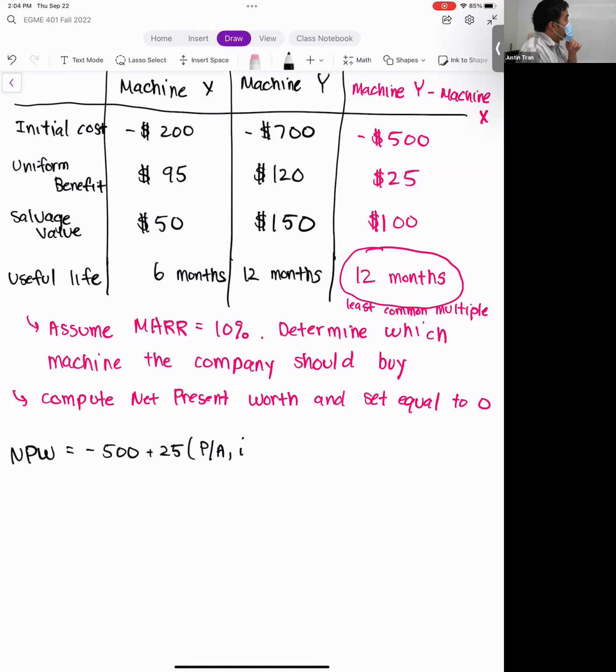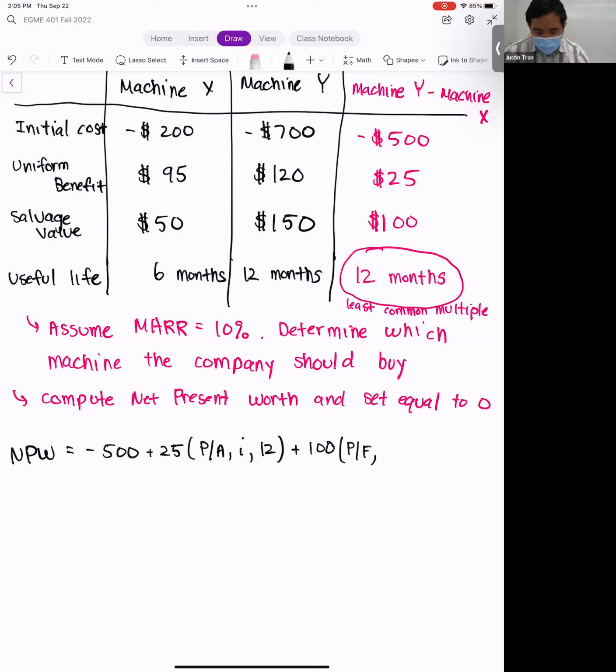Next, we have the uniform benefit of $25. And so that's going to be a uniform series. To convert that to a present sum, we do a P over A factor with an interest rate of i, and the time period here is 12 months. And then finally, we have the difference in salvage values.